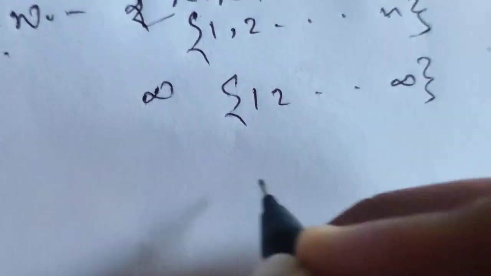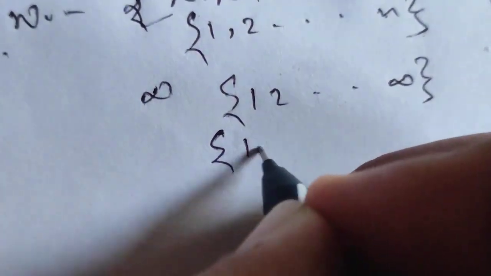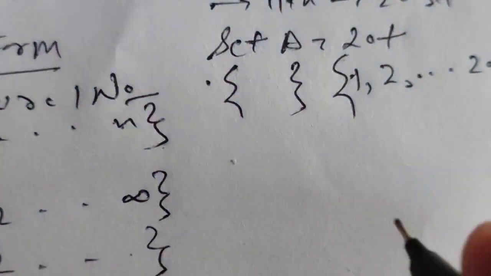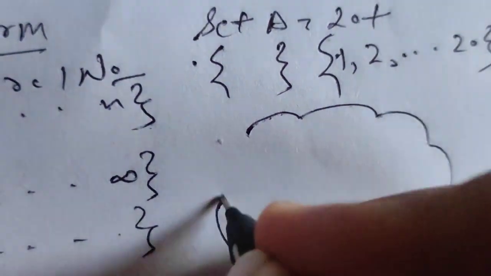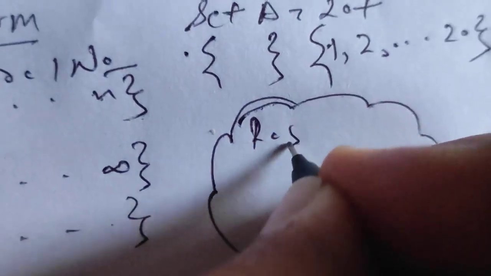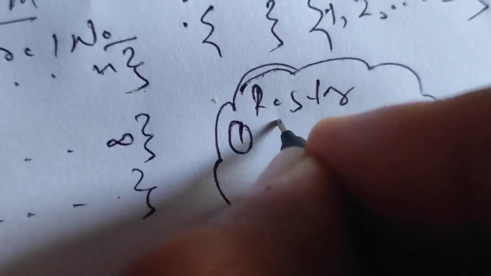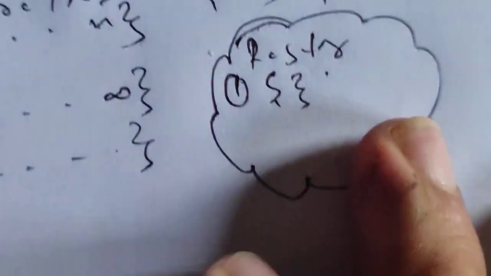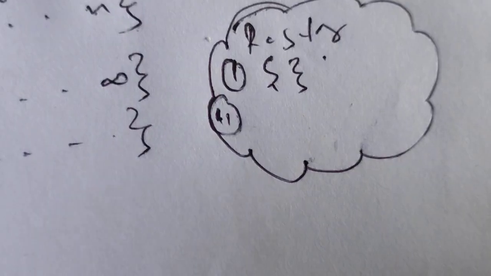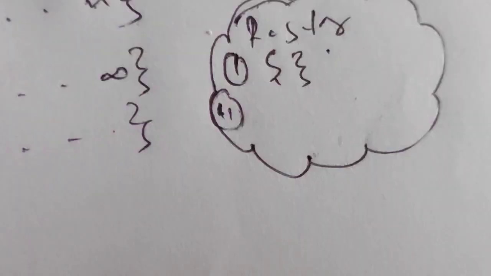If we have infinity, we write 1, 2, up to infinity, or 1, 2 and so on. As a short note, when we talk about a roster form, first we use curly brackets. Second, all the members are separated from one another using commas.